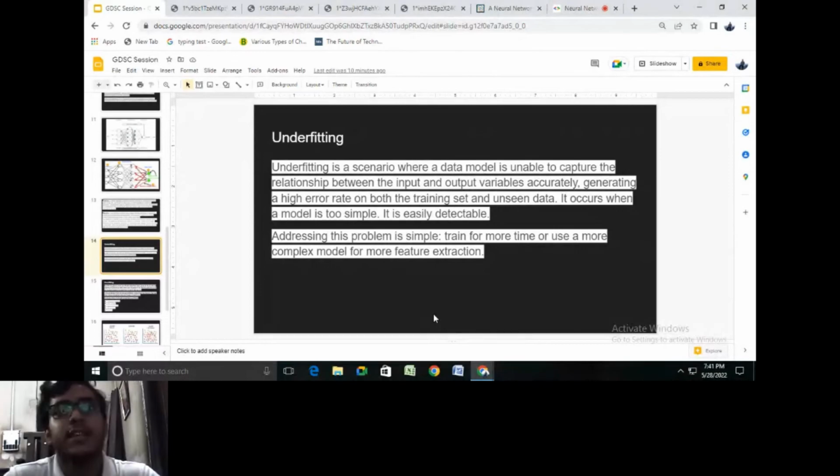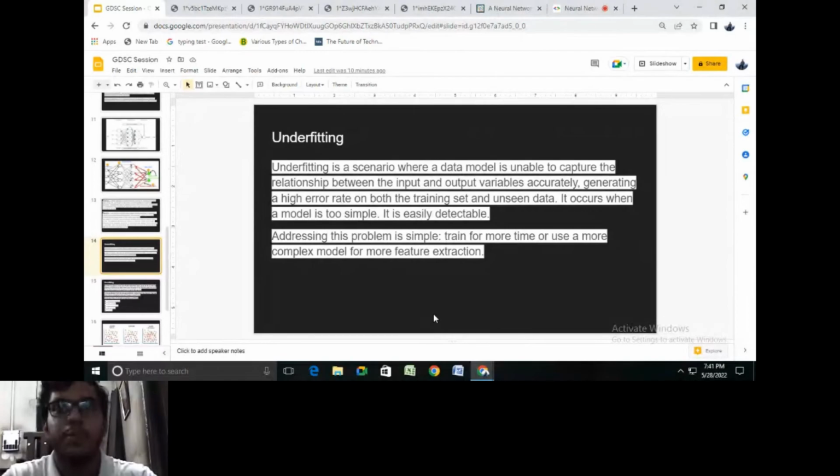So either it takes more time, or rather more number of epochs or more training for the model to learn the features, or maybe we need a more complex model to learn more features, because maybe our model is too simple to extract the features that we want the model to know about.